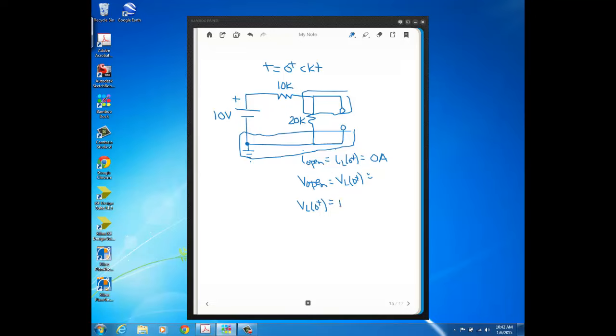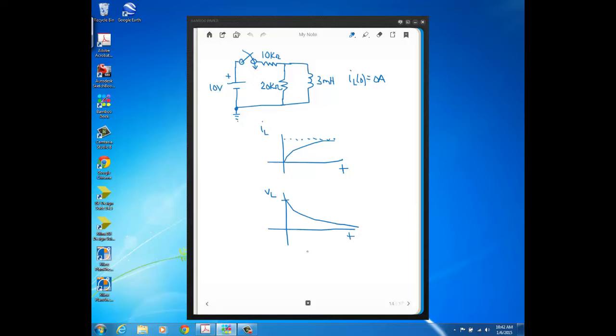So that's just going to be the 10 volts times 20k over 30k, and that's 6 2/3 volts. Okay, so this analysis yields where these curves start. See this decaying voltage curve right here. Its initial value at t equals 0 is 6 2/3 volts, and our current here is starting at 0.